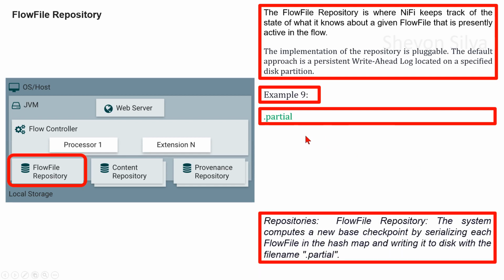Now we are considering FlowFile repository. In repositories, the system computes a new base checkpoint by serializing each FlowFile in the hash map and writing it to disk with the file name .partial. The FlowFiles that are actively being processed by the system are held in the hash map in JVM memory.